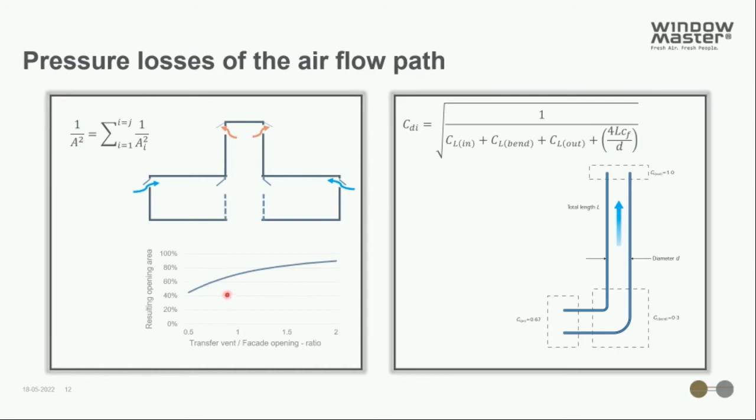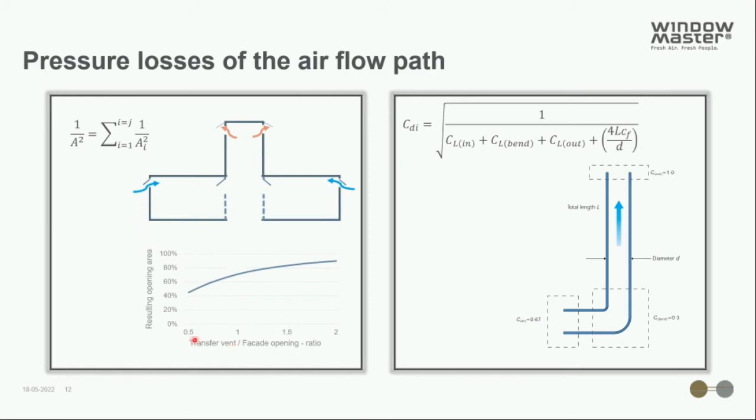Now, the figure on the bottom here, the graph, shows the impact of the transfer vents on the resulting opening area that we use in the transfer vents. If we see this as kind of like a connected opening, this means also that we can still use the same calculation method as before without making it too complicated.